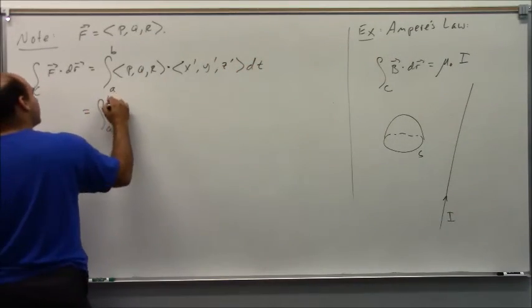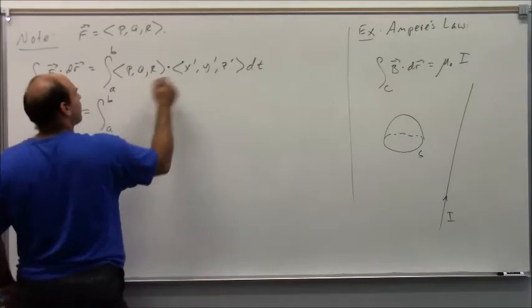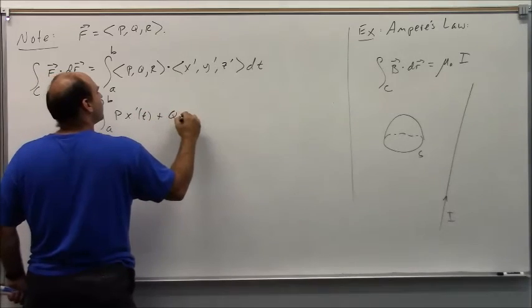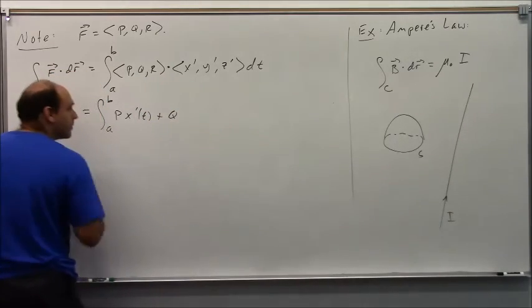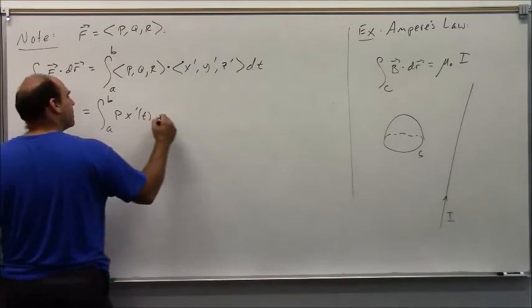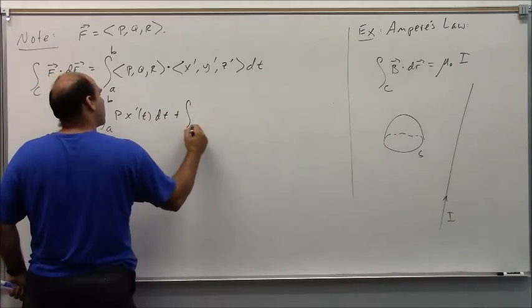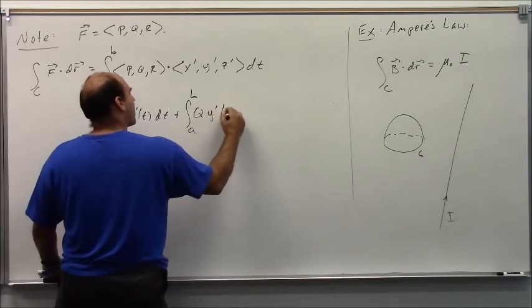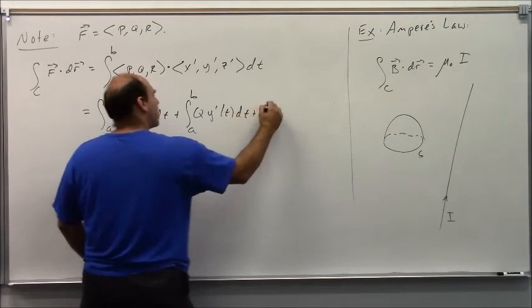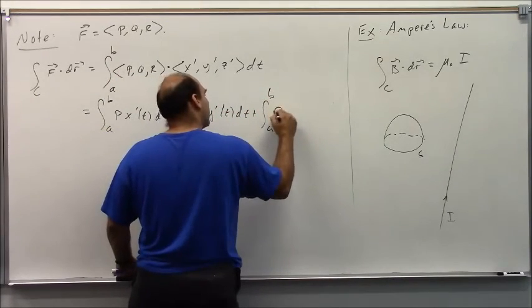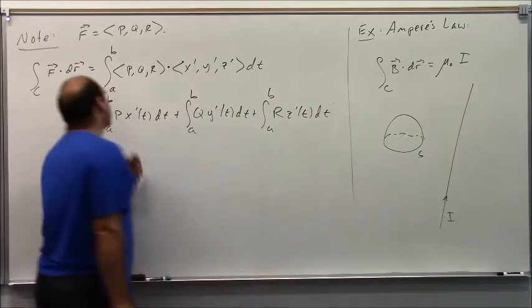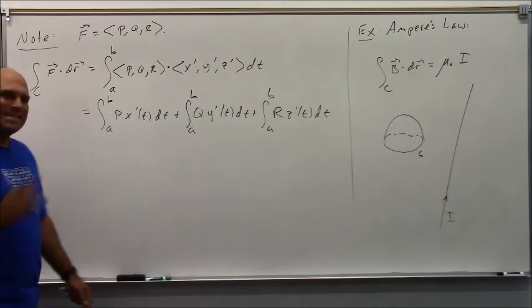And if I actually compute that dot product, I will see that I will have P times x prime of t dt, plus Q times y prime of t dt, plus the integral of R times z prime of t dt. x prime of t dt is dx.